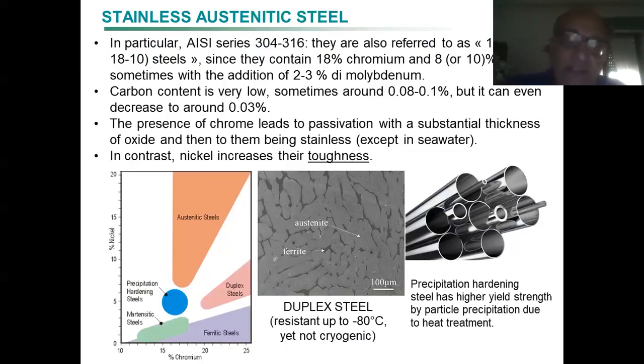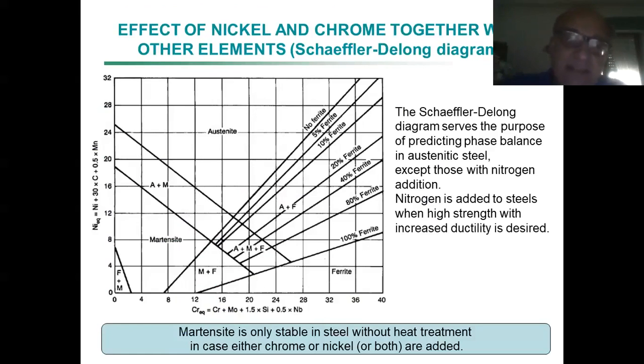There is not much difference because you can consider that the duplex are to the right, and the austenite to martensite are the precipitation hardened, roughly. But anyway, this predicts almost everything about austenite, ferrite, and martensite, the three fields. Apart from the fact that we don't consider nitrogen.